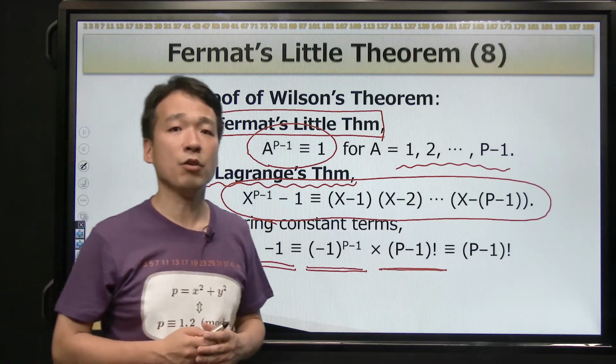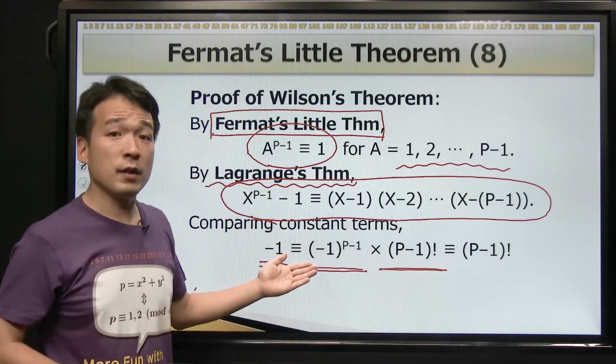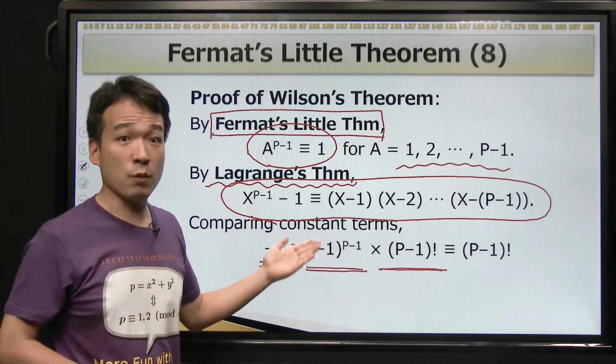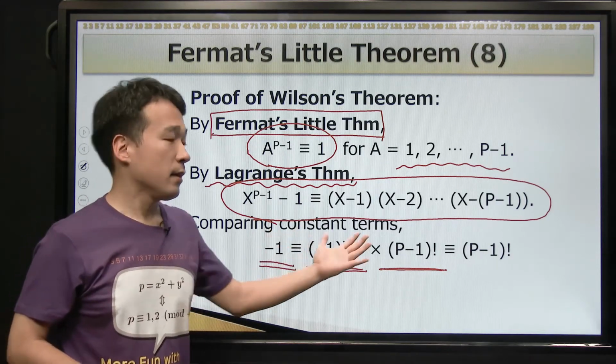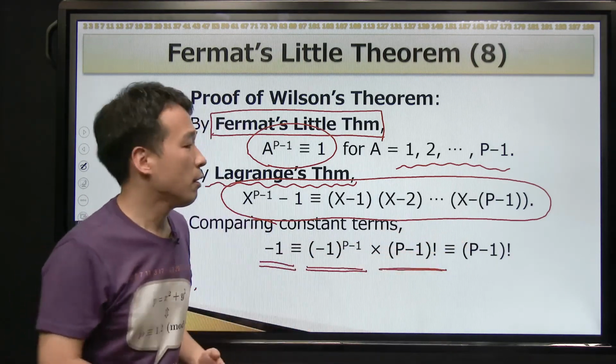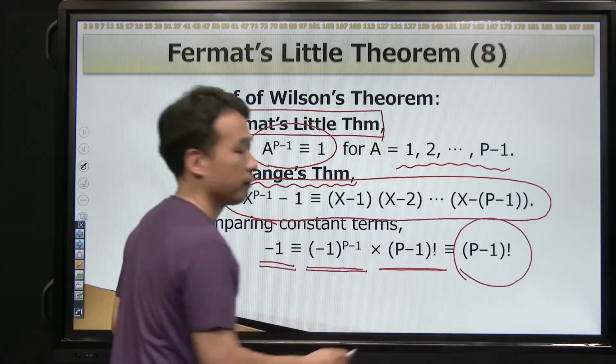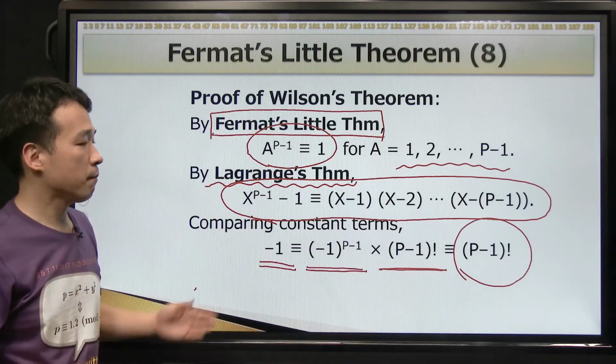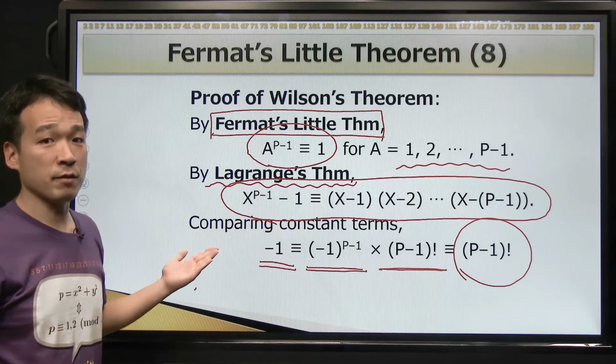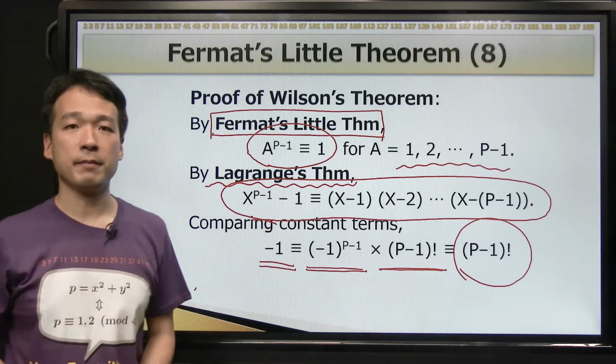Since p is an odd prime, minus 1 to the p minus 1 is 1. Hence, minus 1 is congruent to the factorial of p minus 1. The proof of Wilson's theorem is complete.